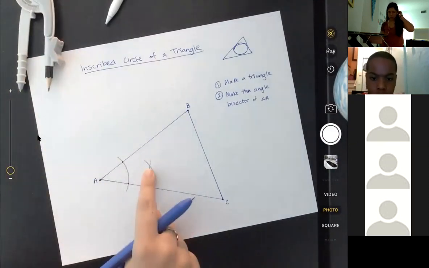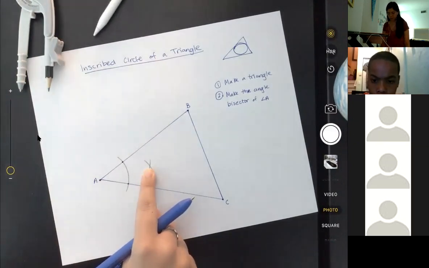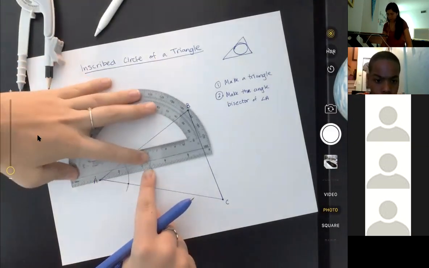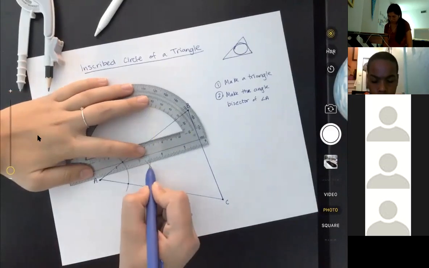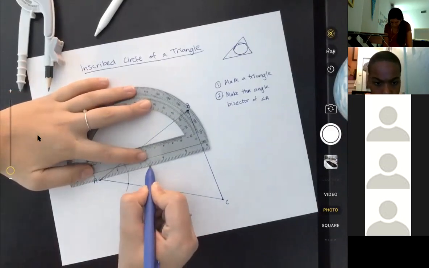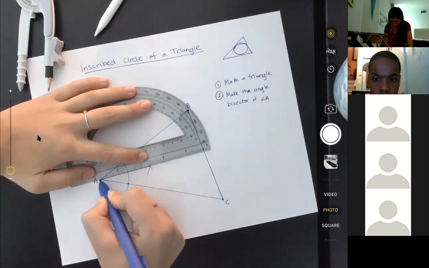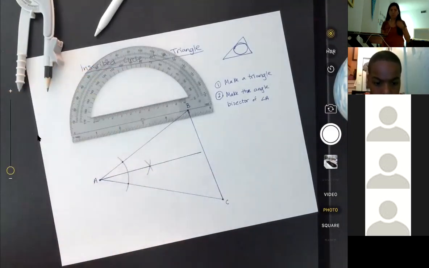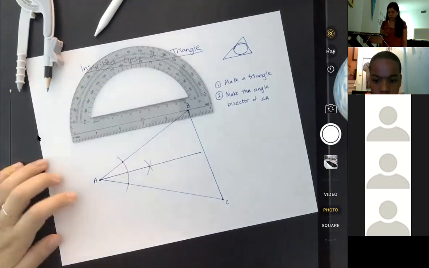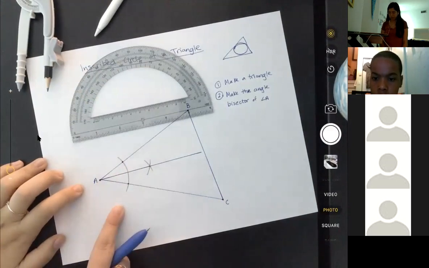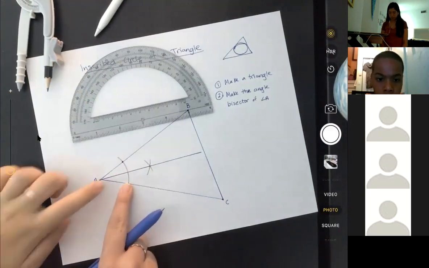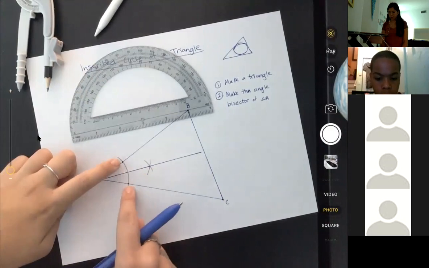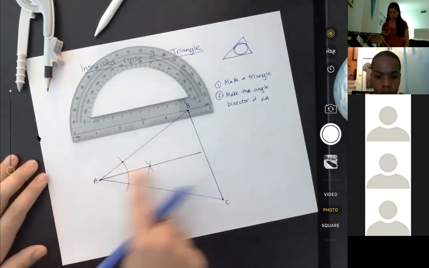So now I've got this point of intersection right here, and I'm going to connect it to point A. So this point of intersection that I created gets connected with point A, and I'm going to make it pretty long. All right, so I made my arc, I didn't change the width, and I made 2 different arcs off of those points, and then I connected them.